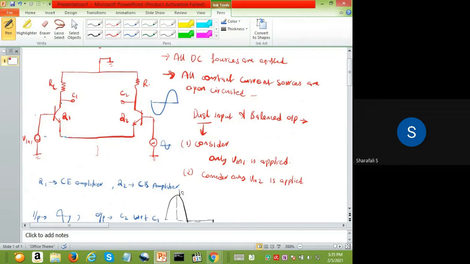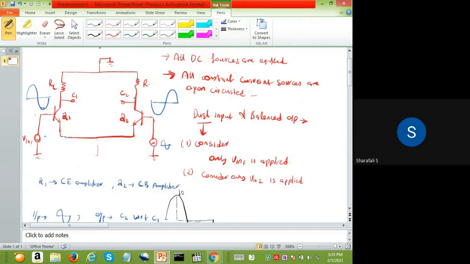So this Q1 will act as a common base amplifier now, and this output will have the same phase with the same amplification. Here, this is in phase, this is out of phase.